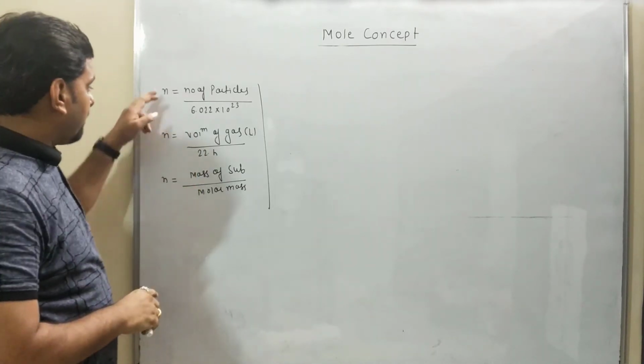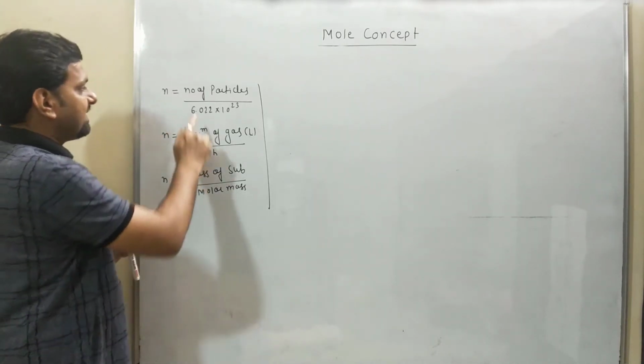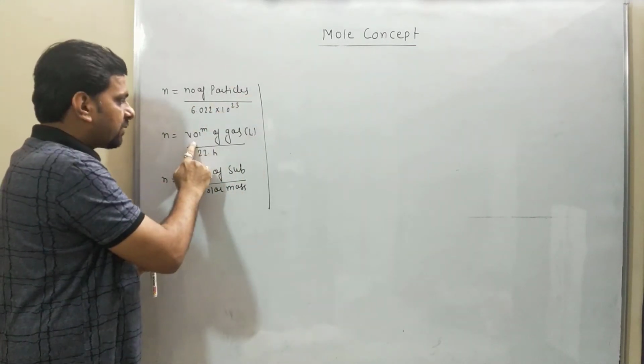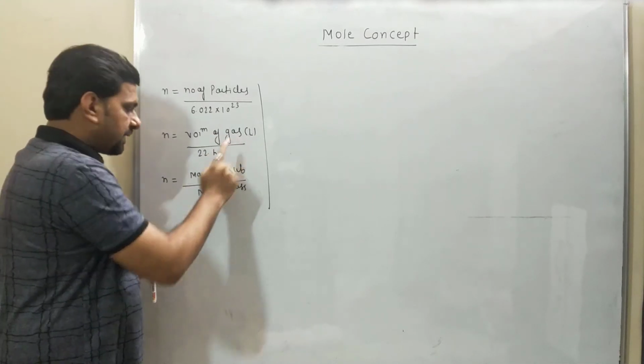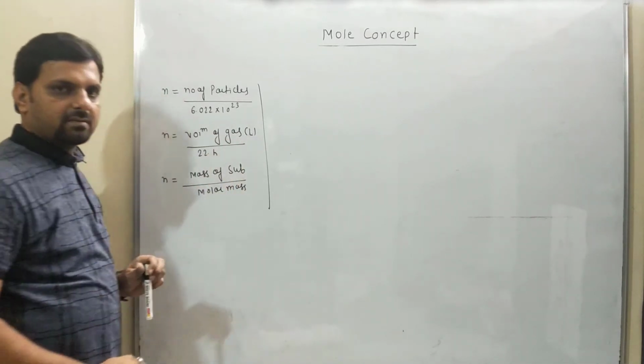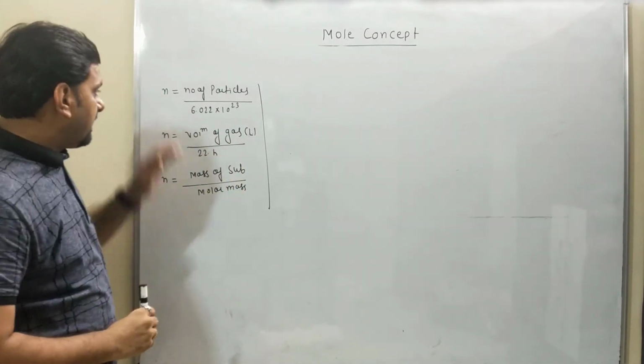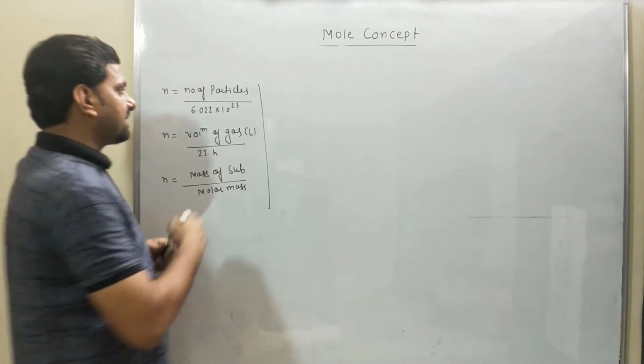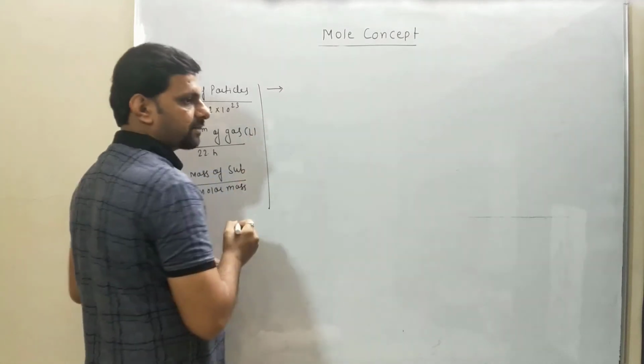Even if number of moles is given, you can easily calculate number of particles. Okay. You can calculate volume of gas. You can calculate mass of substance. Clear? If number of moles is given. Okay, so let's consider one example.